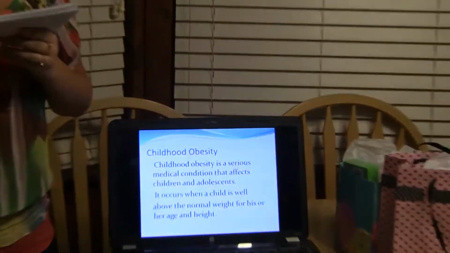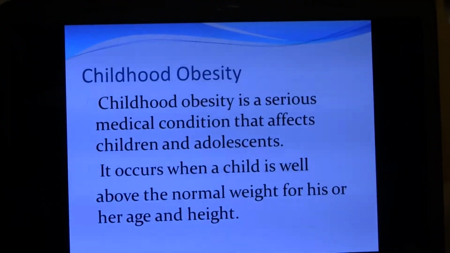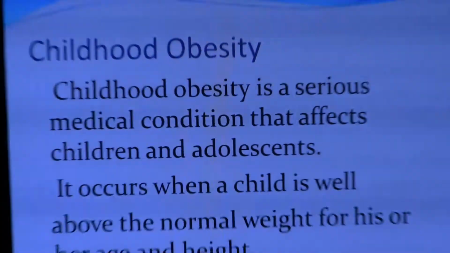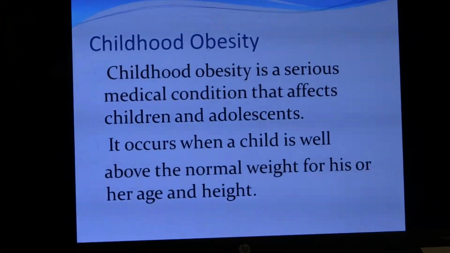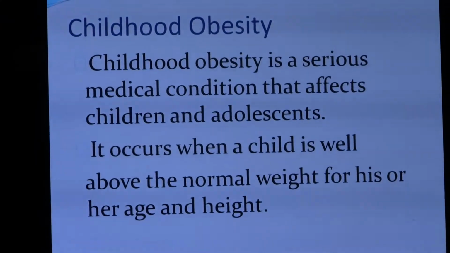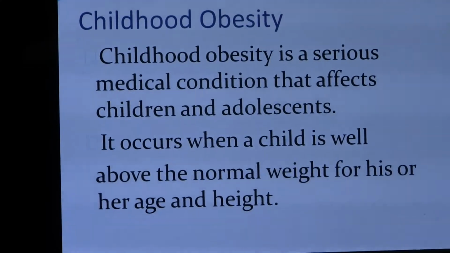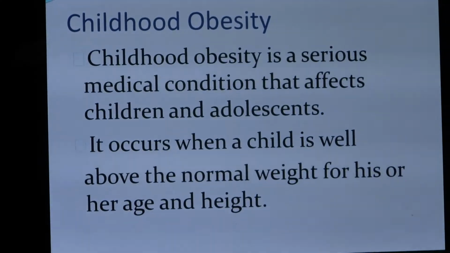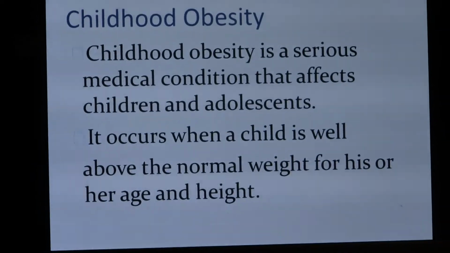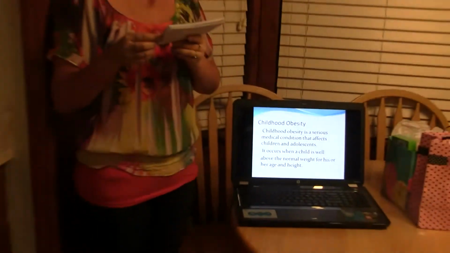Now that you have an idea of what childhood obesity is, I'm going to provide you with some statistics of childhood obesity. You can find statistics on childhood obesity just about anywhere. Data from the Center for Disease Control and Prevention website states that approximately 17%, or 12.15 million, of children and adolescents aged 2 to 19 years are obese.